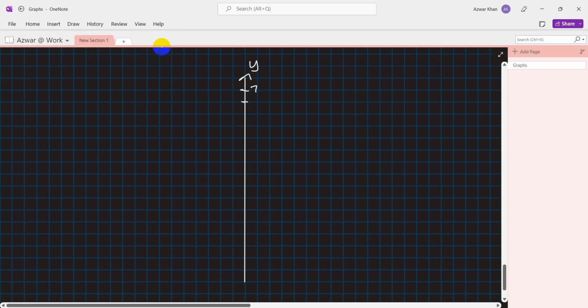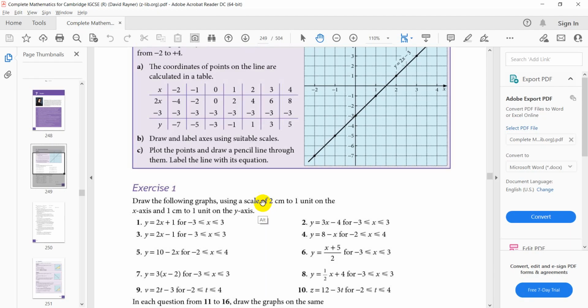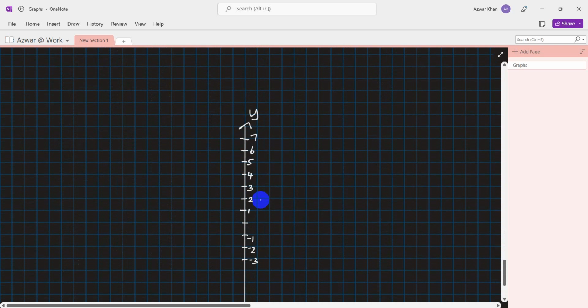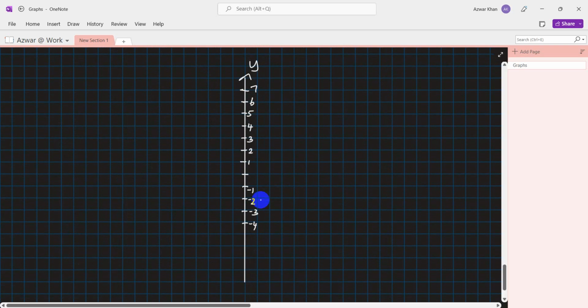So I'll just take this as 6, 5, 4, 3, 2, 1, and this is 0, and here I have minus 1, minus 2, minus 3. So my y ranges down to minus 4 and minus 5.